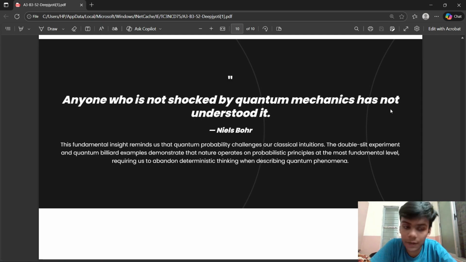The double slit experiment and quantum billiard examples demonstrate that nature operates on probabilistic principles at the most fundamental level, requiring us to abandon deterministic thinking when describing quantum phenomena. Sorry, my bad. The quote was said by Niels Bohr, one of the scientists who was very good at quantum physics.